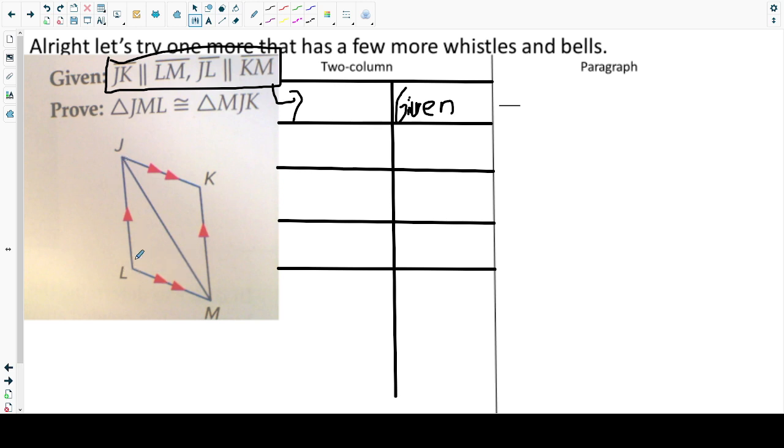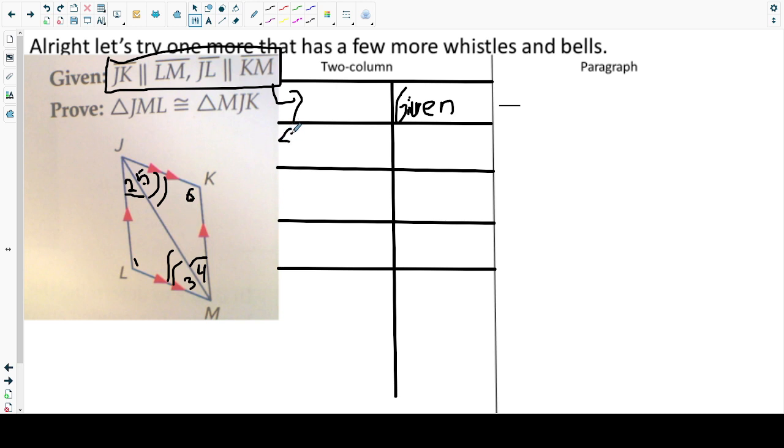Again, if I number my angles here as angle 1, 2, 3, 4, 5, and 6. I know that angle 2 and 4 are going to be congruent because they make that zigzag angle. They're alternate interior, as well as angles 5 and 3. So let me write that down here.